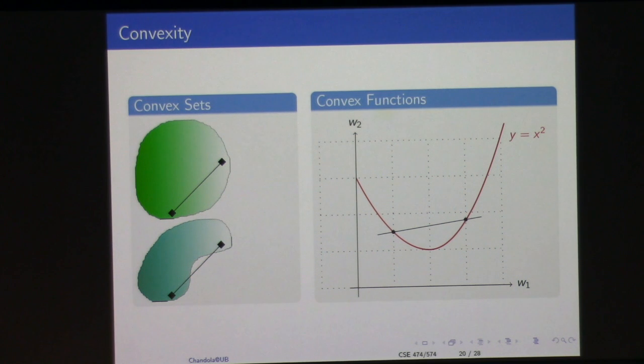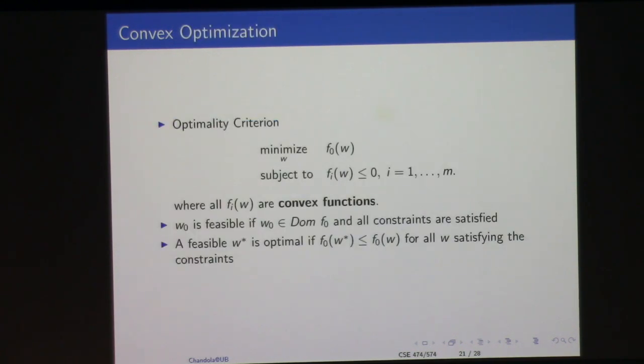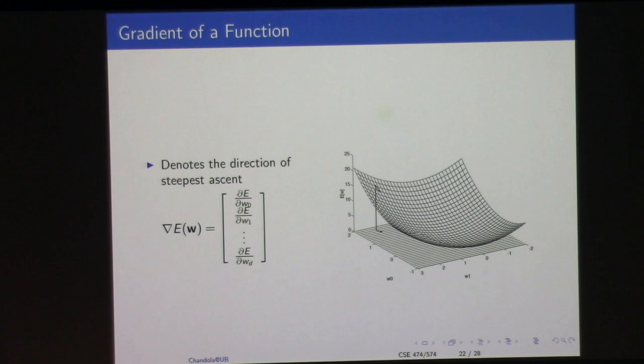If the function is nice and convex, which means that there's only one peak or only one trough, then you can apply mathematical optimization to learn the optimal solution. So we are going to assume that our function is convex, and then find the right answer.